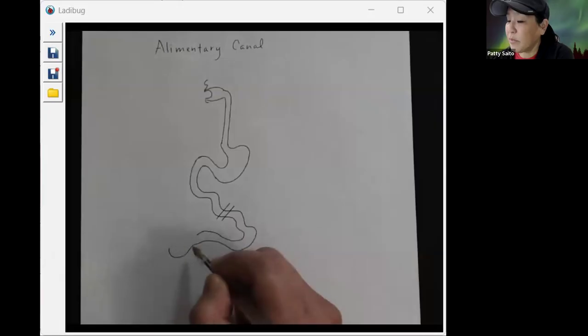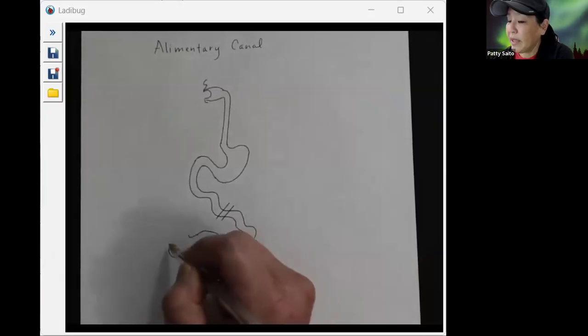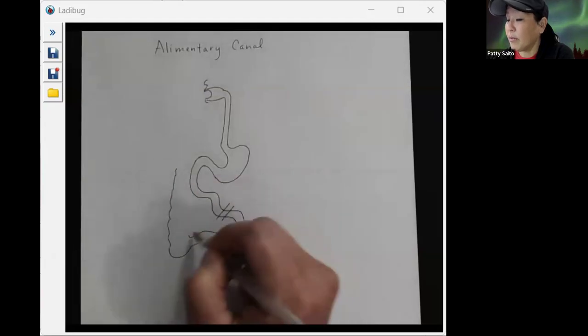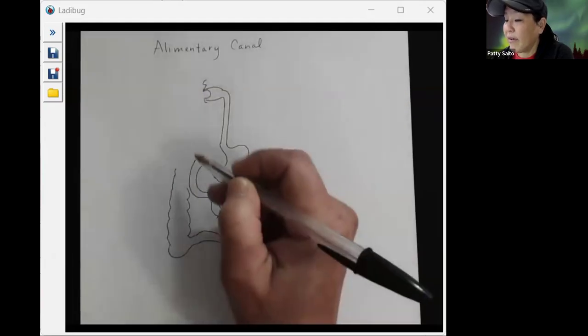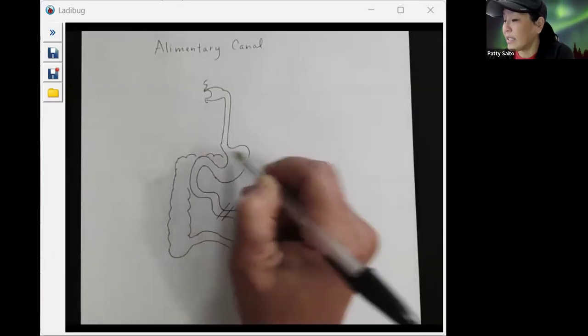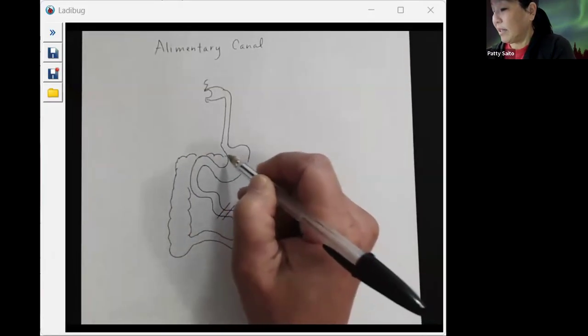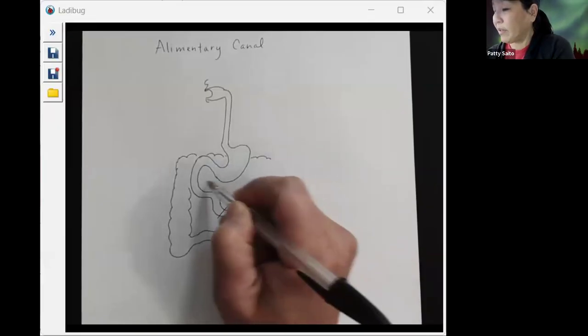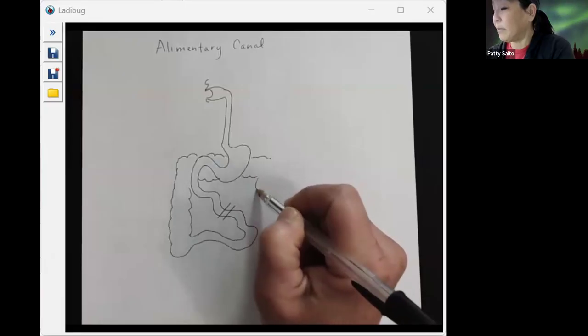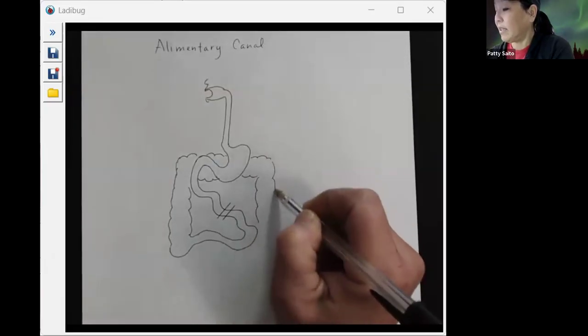The large intestine is made up of different parts, but it is wider, not longer, but wider, right? Comes up, it moves across. I'm going to put it over here. So it moves across and then comes down like this.